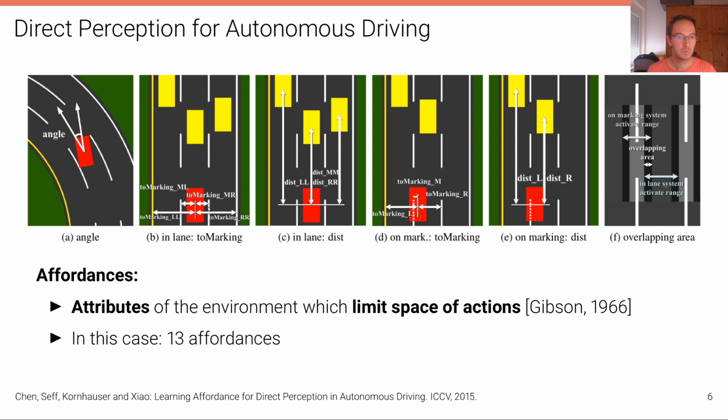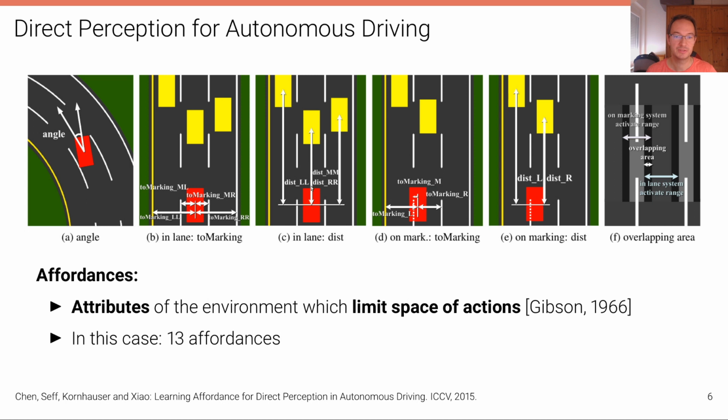So what are these affordances? Well, there are always 2 types of affordances. One is with respect to the distance to the lane markings, and the other is the distance to the preceding vehicles. For example, if the vehicle is in the in-lane state, between 2 lane markings, the model measures or predicts the distance to the left lane marking and to the lane marking to the very far left of the other lane, and then to the right lane marking and to the right lane marking of the adjacent lane.